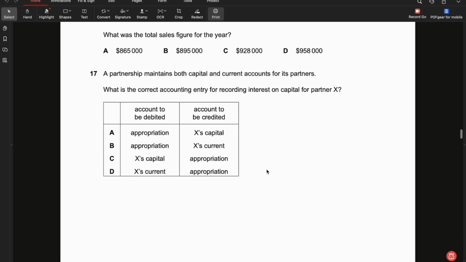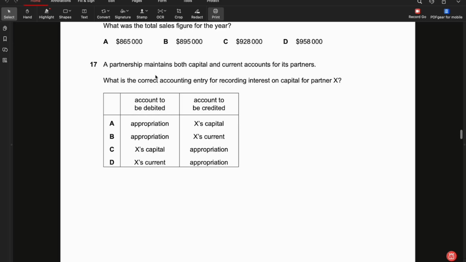Now let's go to next one. A partnership maintains both capital and current account for its partners. Which is the correct accounting entry for recording interest on capital for partner X? So here capital account and current account is maintained so that the capital amount remain fixed. This is called fixed capital method.